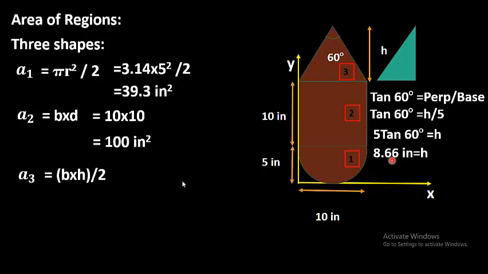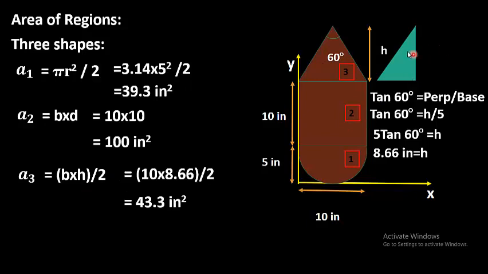By putting the values of b and h, we find A3, which comes out to be 43.3 square inches. This is the formula for the area of a triangle: b multiplied by h divided by 2, or 1 over 2 base into height.